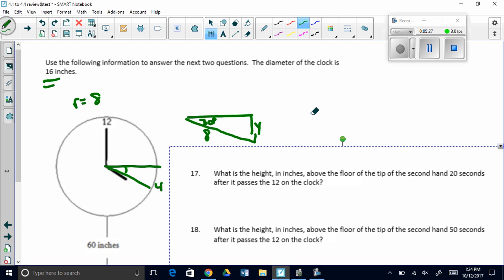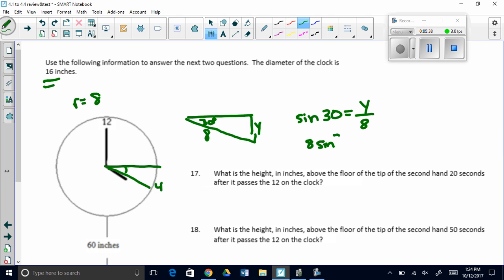And I need a height. So if I'm looking for that, I know the sine of 30 equals opposite over hypotenuse. So it's 8 times the sine of 30. So y is 4. So this has a height of 4. And if we look at this, we know that the radius is 8, right?